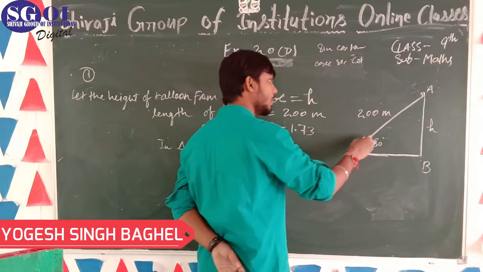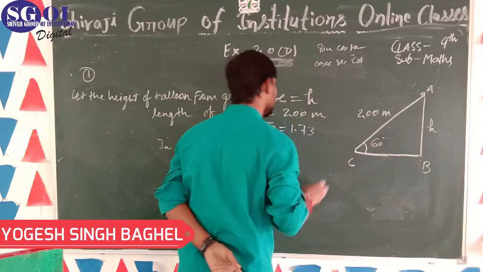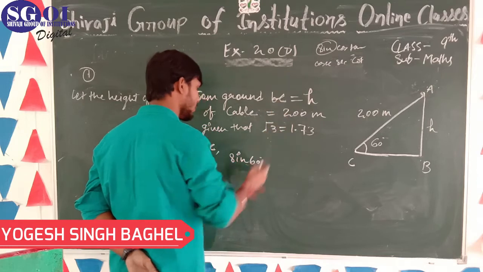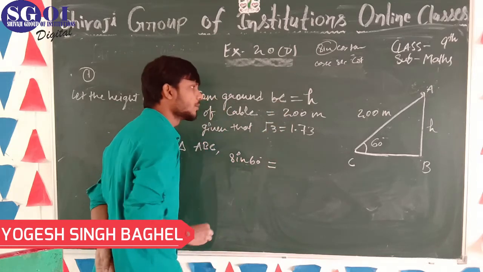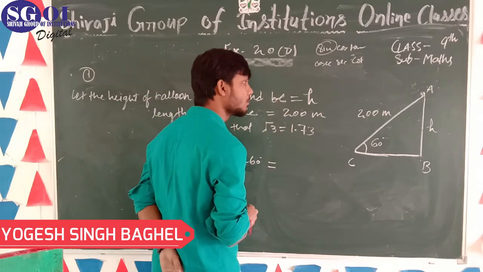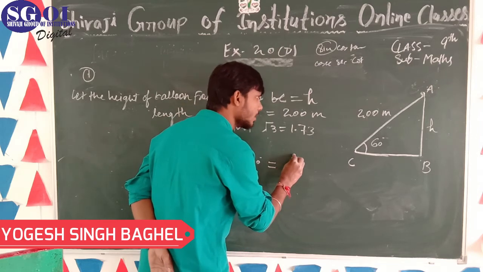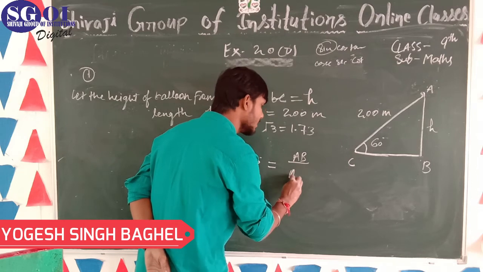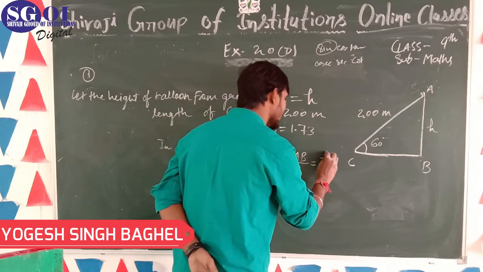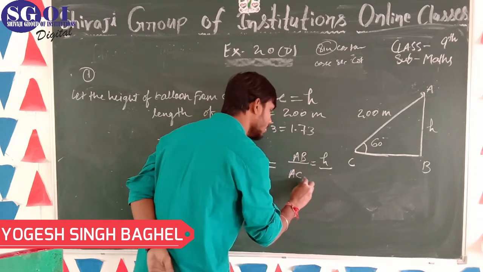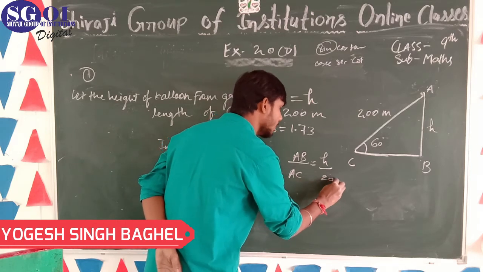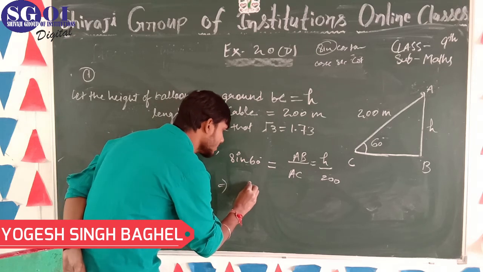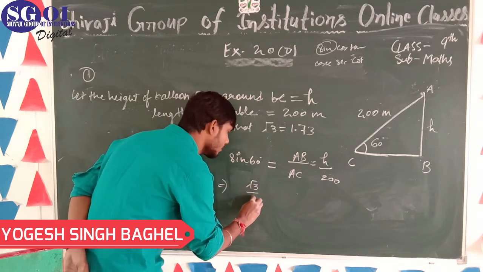Here the requirement is perpendicular and hypotenuse, so use sin. You can also use cosec because they are reciprocals of each other. So sin 60 is equal to perpendicular upon hypotenuse, meaning AB upon AC. AB is the height h and AC is 200 meters, and sin 60 is root 3 by 2.